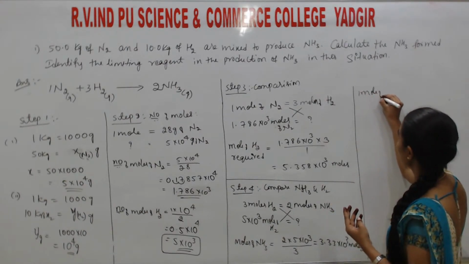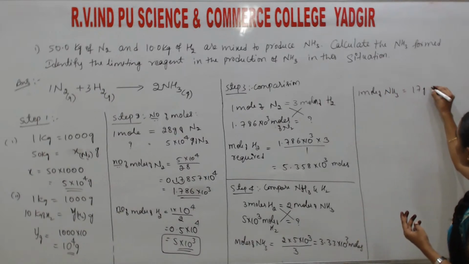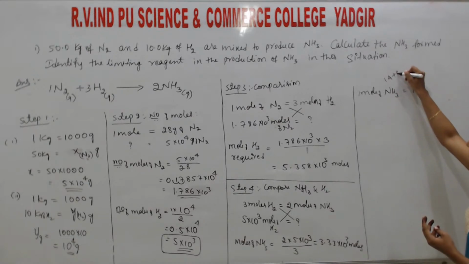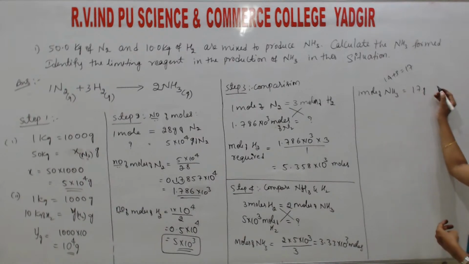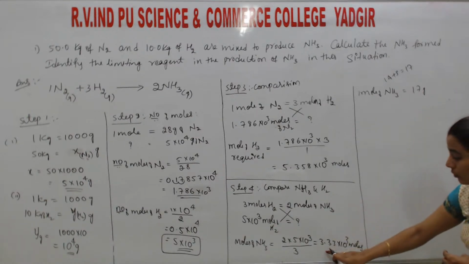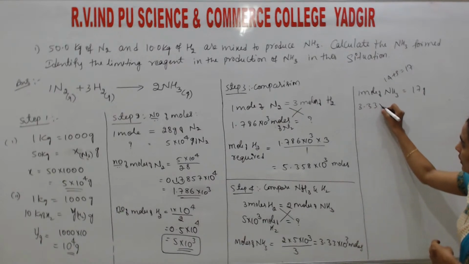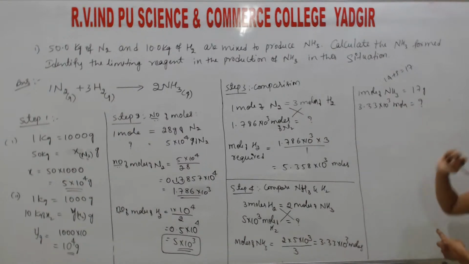So 1 mole of NH3 is equal to 17 gram, because nitrogen is 14, hydrogen is 3, total 17. So 1 mole of NH3 is 17 gram. Here how many moles are there? 3.33 into 10 power 3 moles. Then how many grams?